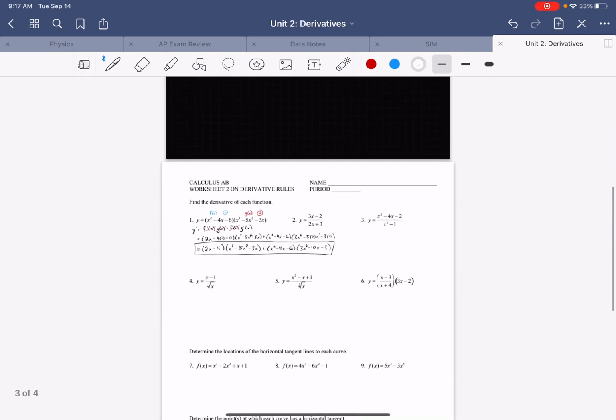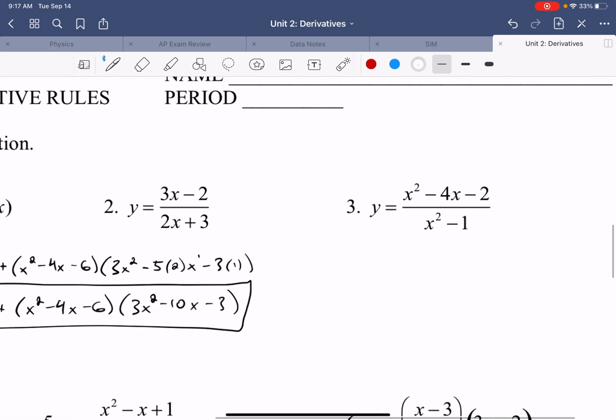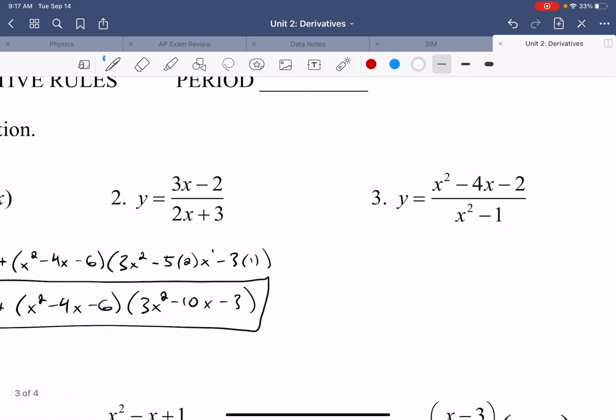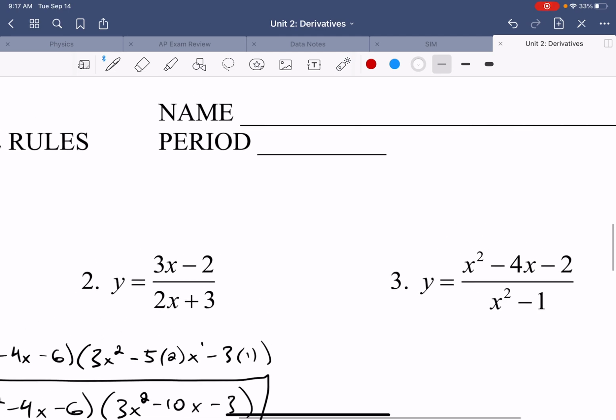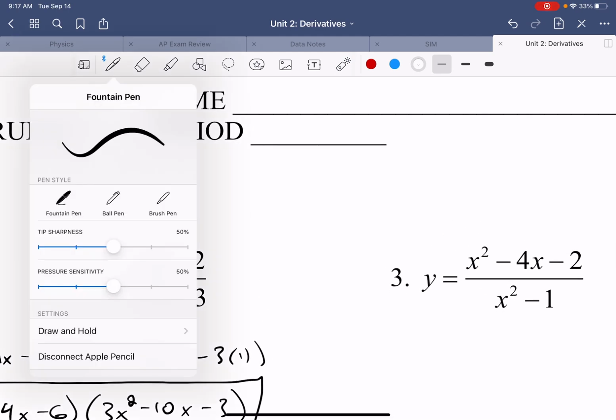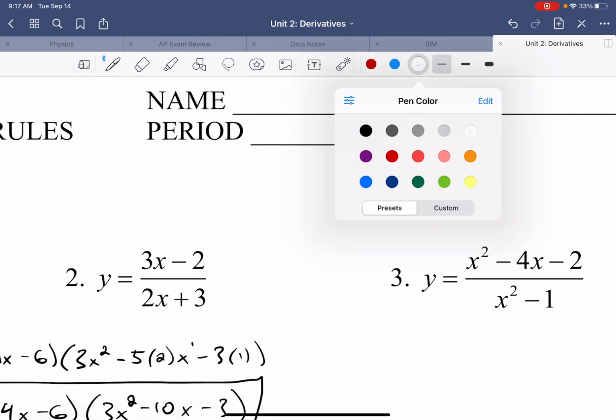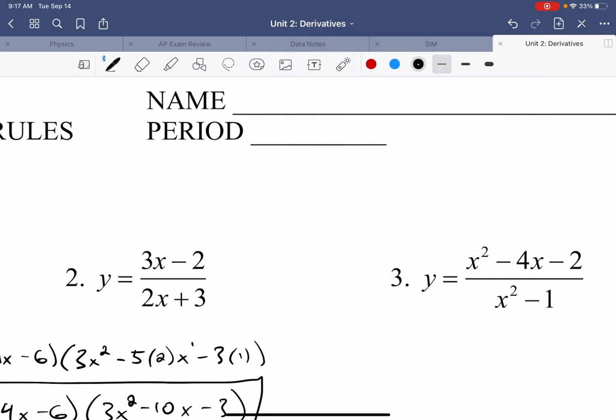So let's go down here and figure out the derivative for number 2. I'm going to have to write this above it. So I've got my high function on top, low function on the bottom. So the derivative of this, y prime, would be low d high.